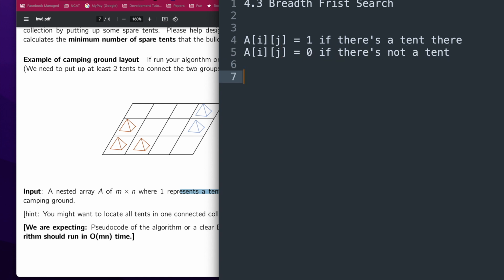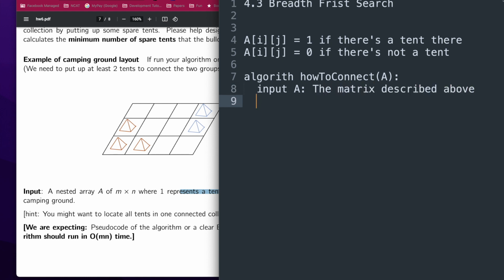So we're trying to implement this algorithm. We're going to be given as input A, which is the matrix described above.